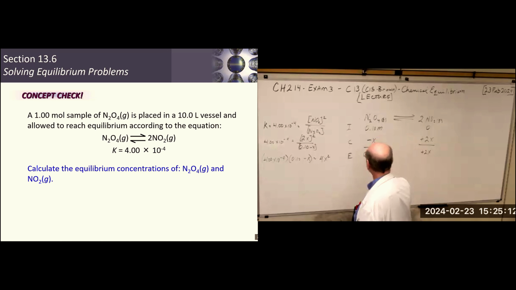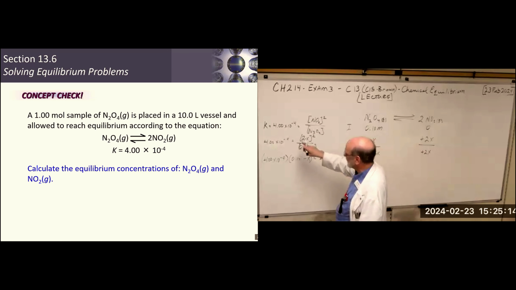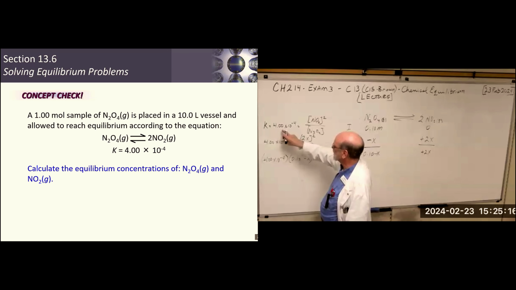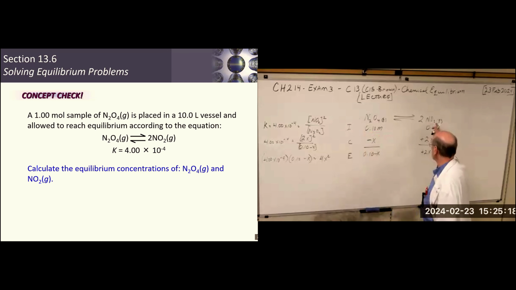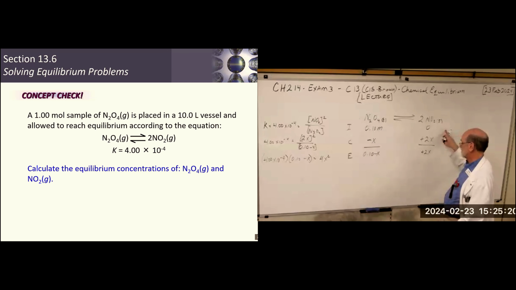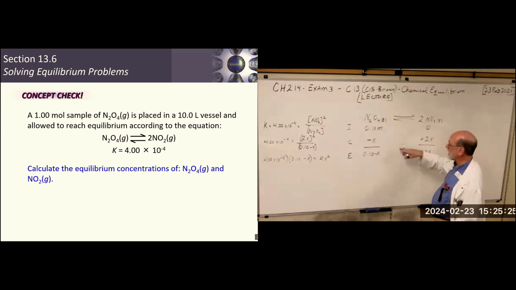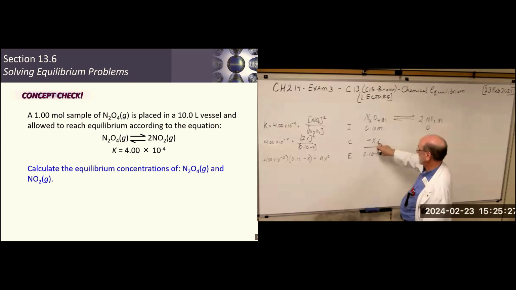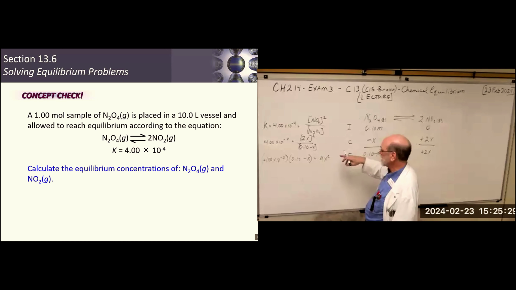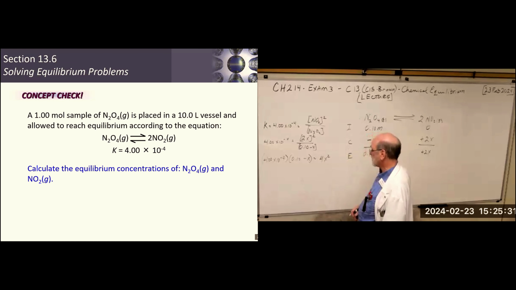Now the question is, if this value is very, very small, that means not very much over here is going to be produced. All right, we're not going to lose a lot here. So that means x could be considered very small, much, much smaller than 0.1, right? By 3 orders of magnitude.